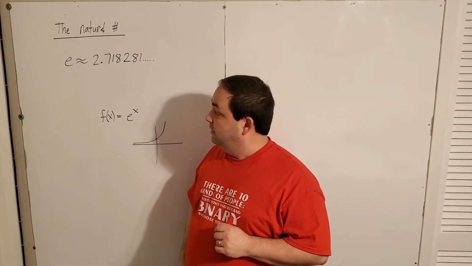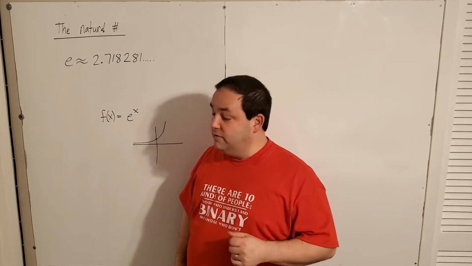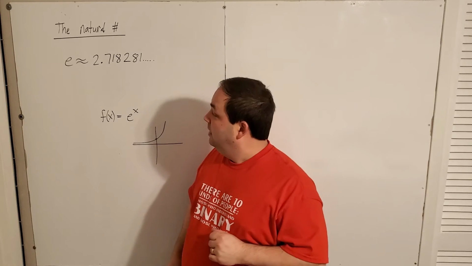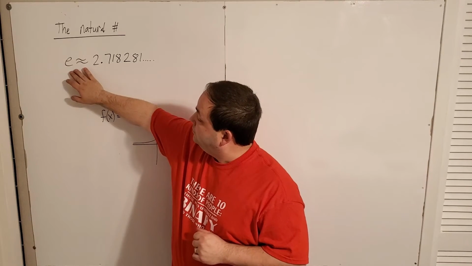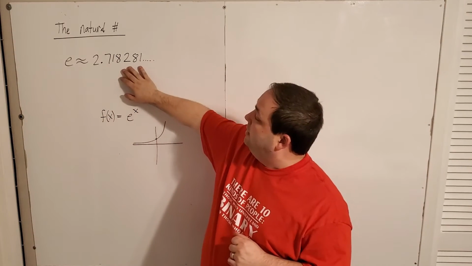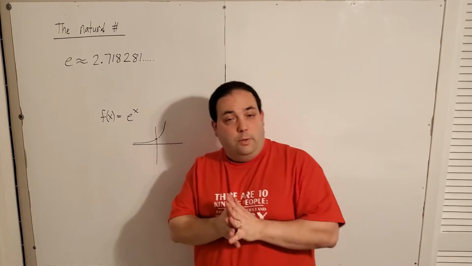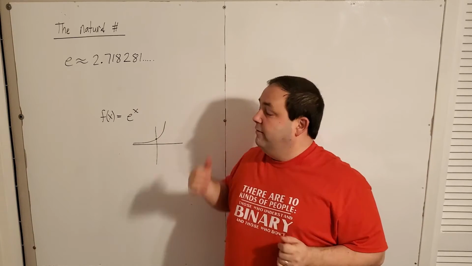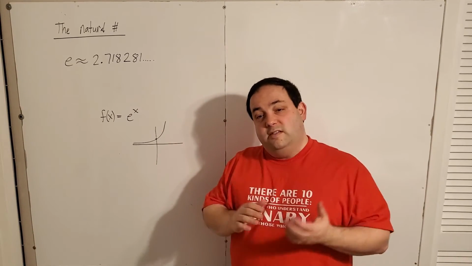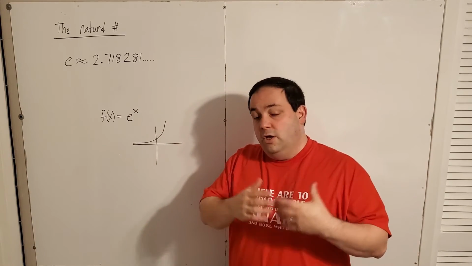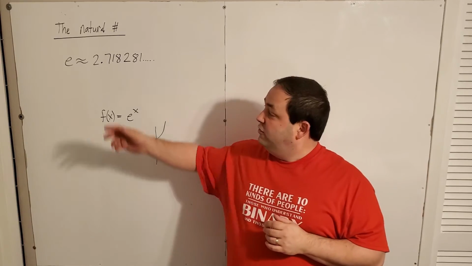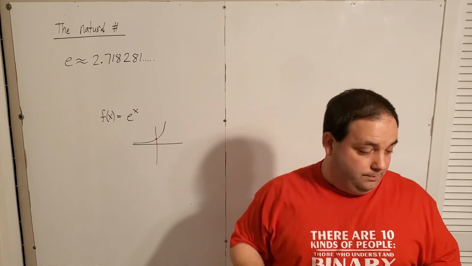The guy who really discovered it and made it useful is Euler, right? Anyway, so e is approximately 2.718-ish, okay? It is an irrational number, just like pi. It does go on forever with no pattern. And if you want to see a longer version of it, you can pick up any calculator, and they should have an e to the power button, right?